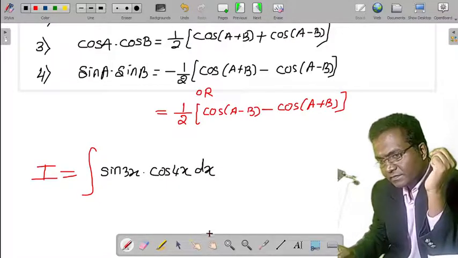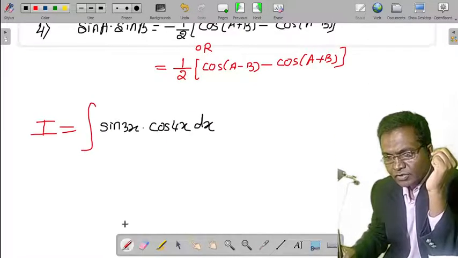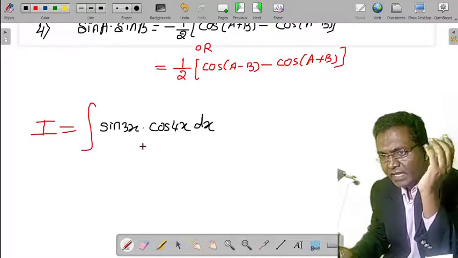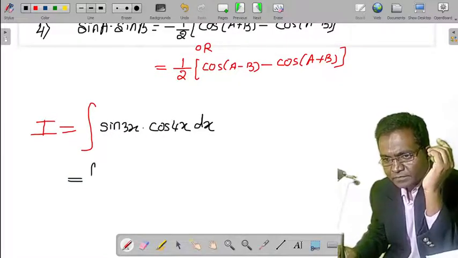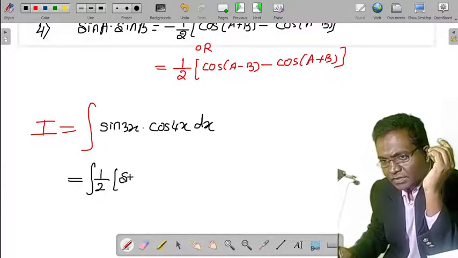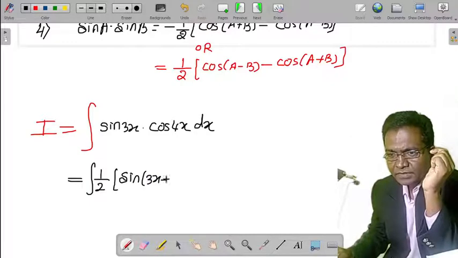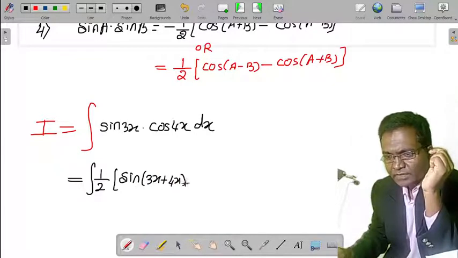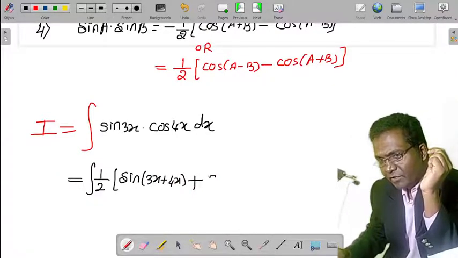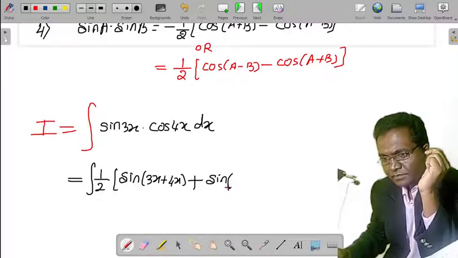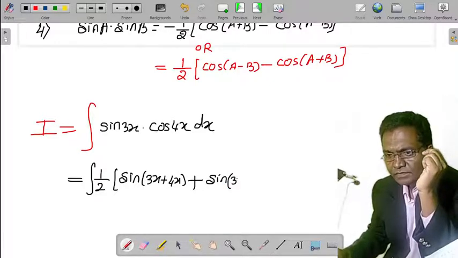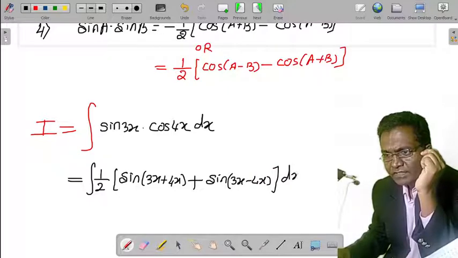Now this resembles the formula sine a into cos b, so use that. It's 1 by 2 sine of a plus b, that is 3x plus 4x, plus sine of a minus b, sine of 3x minus 4x dx.